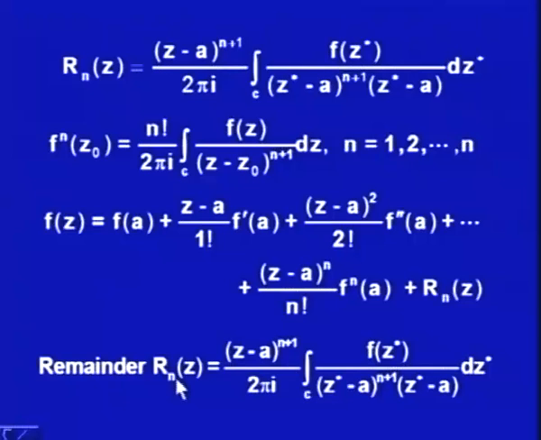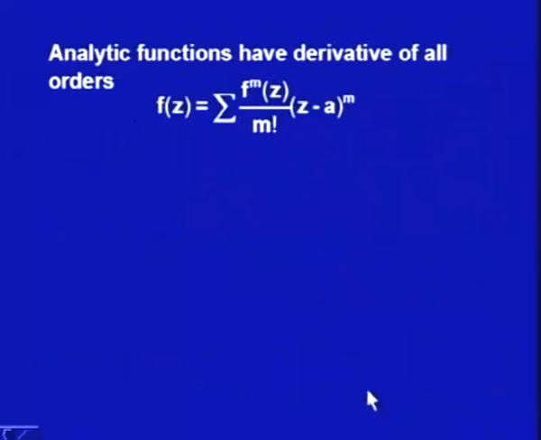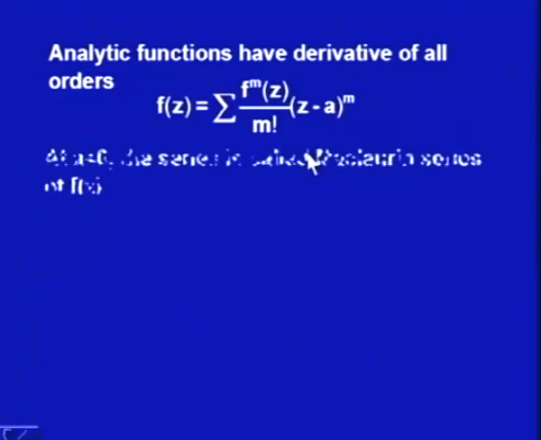Now, the remainder term R_n(z) is (z minus a) raised to power n plus 1 over 2 pi i, integral of f(z star) divided by (z star minus a) raised to n plus 1 into (z star minus z) dz star, integrated over the closed curve C. This can be simplified and may be shown that this tends to 0 as n tends to infinity, and with this the analytic function f(z) is represented as summation f^(m)(a) over factorial m into (z minus a) raised to power m.